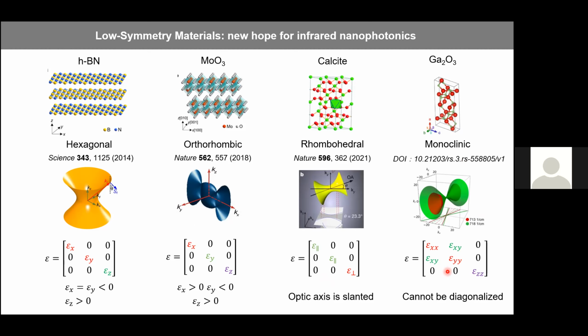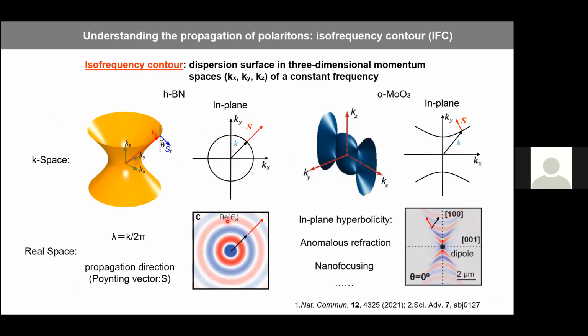So they will have this undiagonalized component and provide us more degrees of freedom for the polaritons. So today in my presentation, I will focus on molybdenum trioxide and show you how we can do more things with these interesting materials.